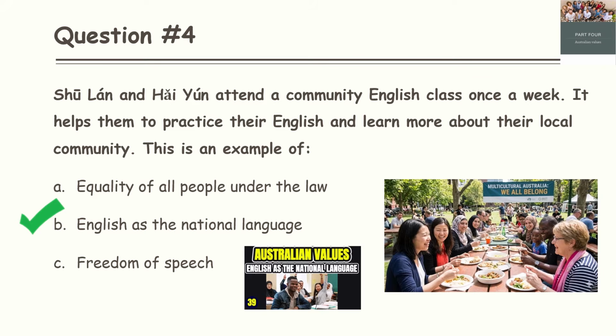People living in Australia should make an effort to learn English. It is essential for economic participation and social cohesion. Shulan and Hayun show that they are actively participating in their Australian community and making the effort to learn English. So the correct answer is B, English as the national language.